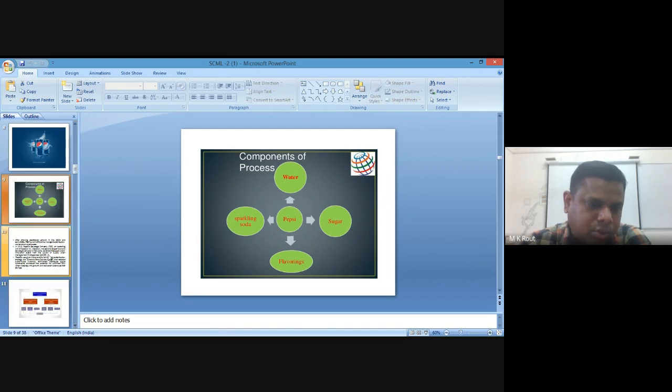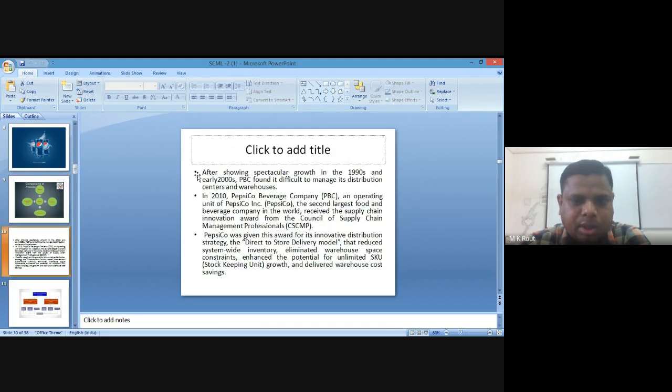After showing spectacular growth, this is the past scenario of this company, because in case of the value chain, you must go for your past historical analogies. In the year 1990 and early 2000, the Pepsi brand found it too difficult to manage distribution centers and warehouses because the carrying and forwarding agency charges were very high during that period.